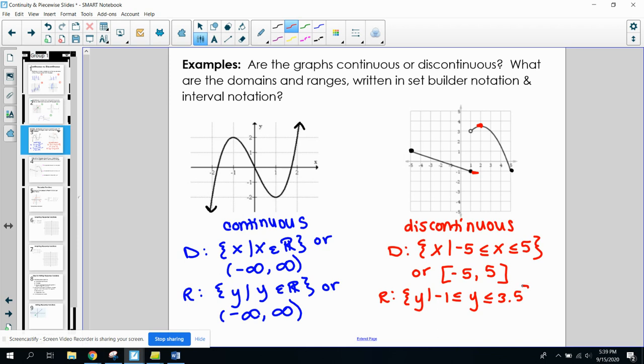Okay, and we're using less than or equal to because there's no open circle here, so it includes those numbers. Or if we're doing interval notation, we can say square bracket from -1, comma, 3.5 bracket, because it's including.